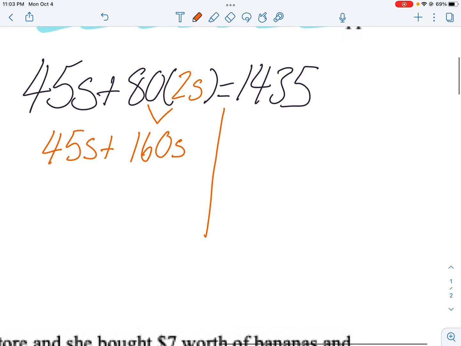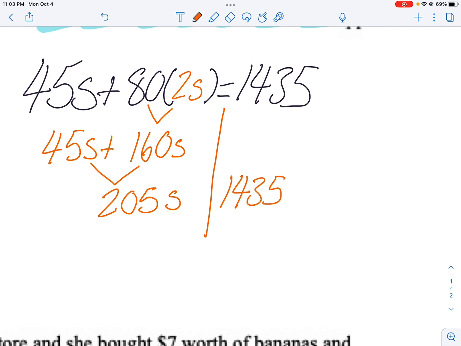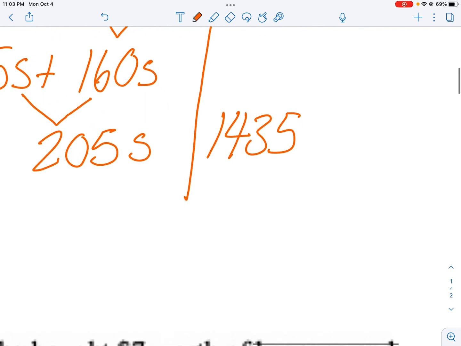And 45S plus 160S is 205S. And I have 1,435 here. So to solve for S, the opposite of multiplying is divide by 205.